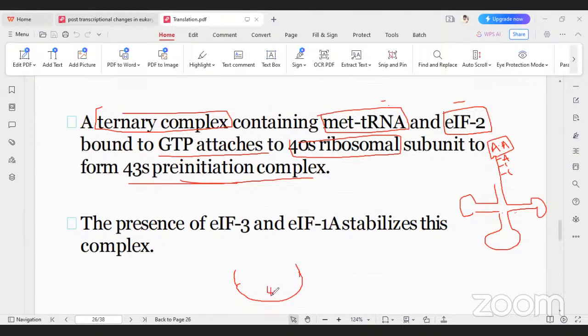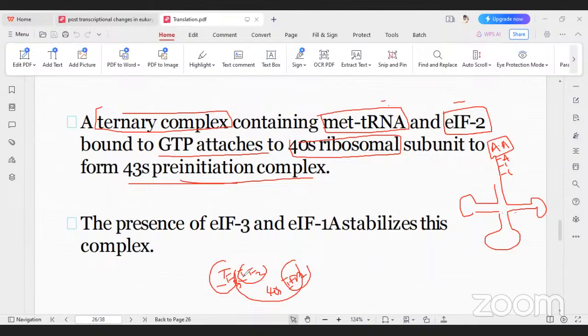This is the 40S subunit. IF3, IF2, IF1A, all attached to the 40S subunit.